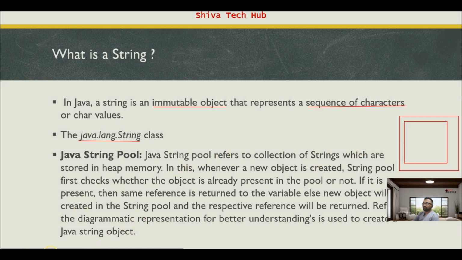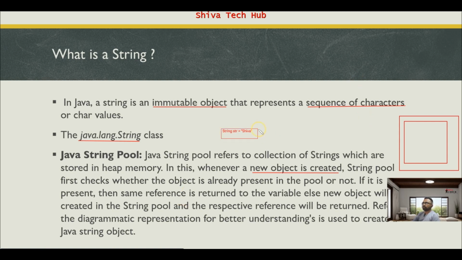According to the definition, whenever a new object is created, the string pool first checks whether the object is already present in the pool or not. For example, I am declaring a string. Let me write it down here. So here I have created a string.